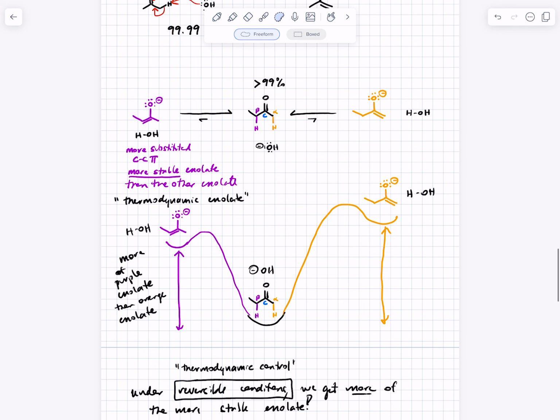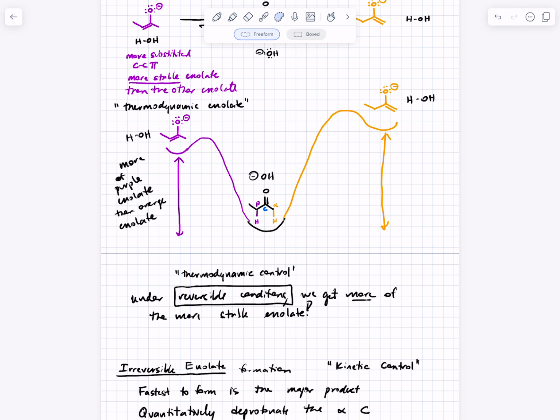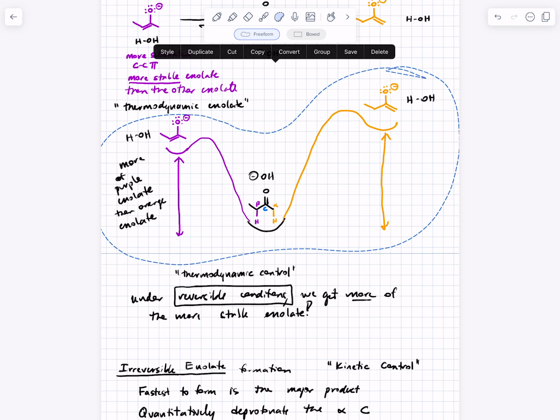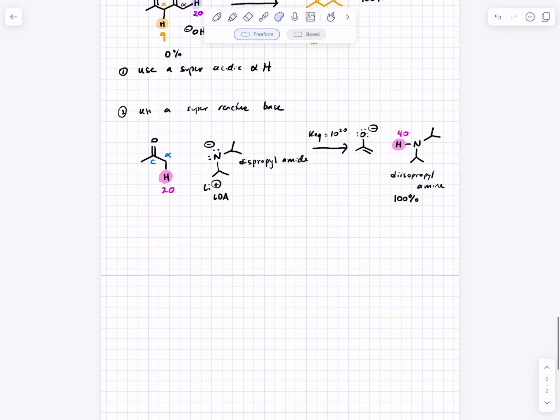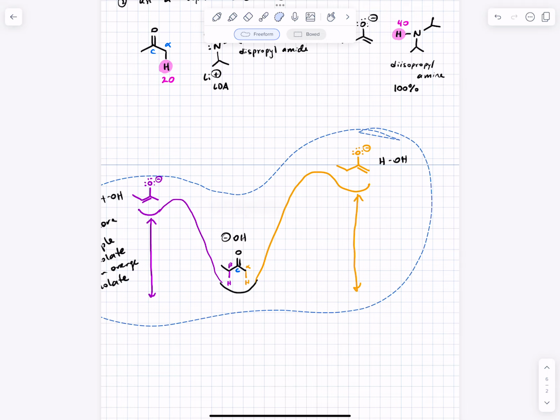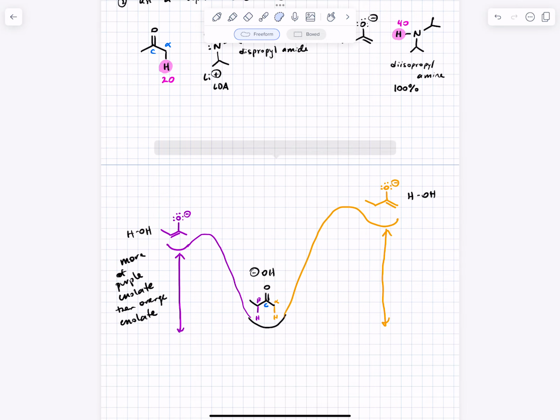All right, so I'm going to copy this. And then I'm going to show you how we remodel that energy landscape based on the strength of that base.